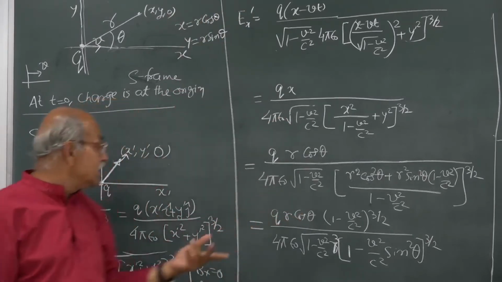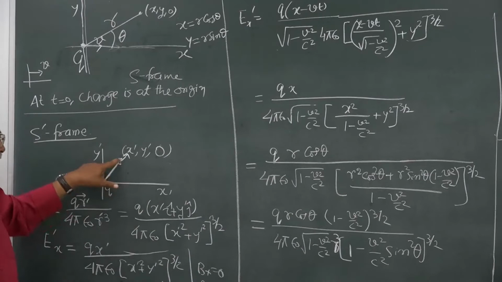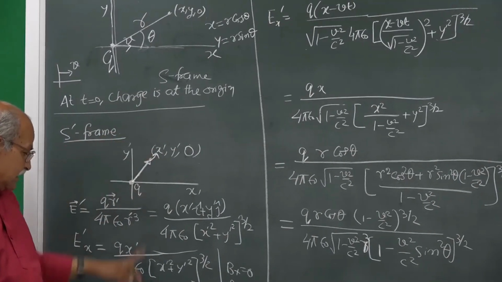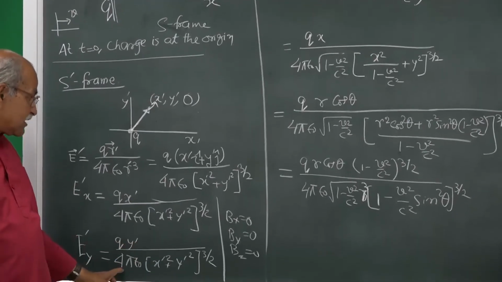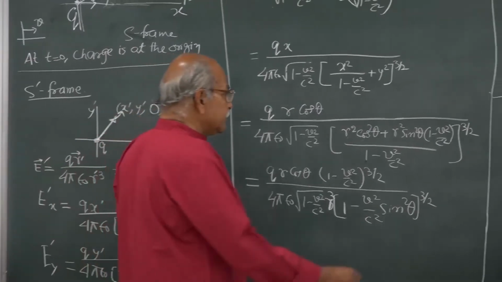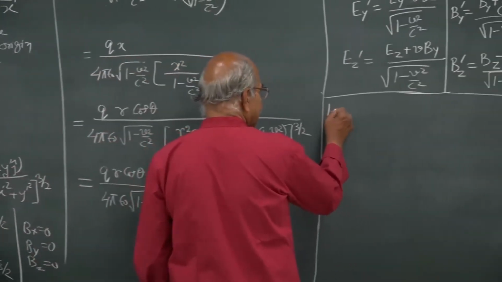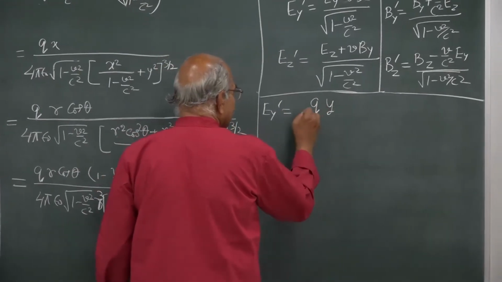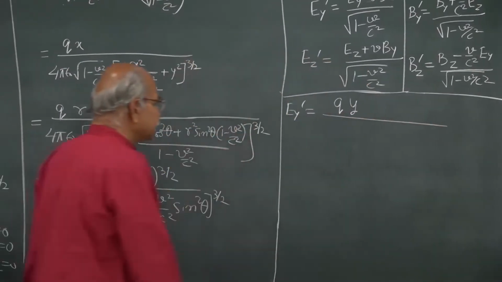So, the field in this primed frame, the y component that I will be writing, is this: E y prime is equal to q y prime. Y prime is same as y.